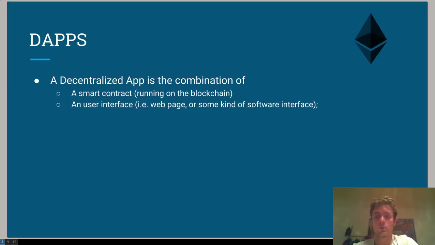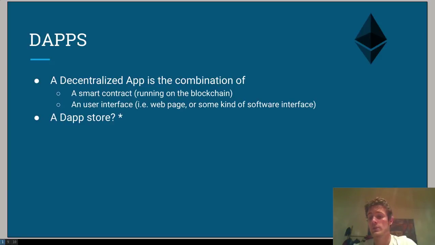The idea is that you could have a Gmail, an Uber, a smartphone app, some kind of program client that would just run on your computer or on some device that you have, but the backend, the technology behind it, the stuff that is actually being done, would be on the blockchain, running a smart contract. So that's the idea of dApps.